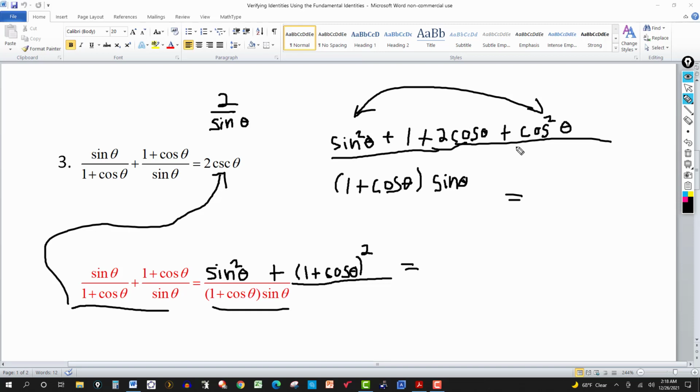And then I have this one right here, so that's going to give me a 2 plus 2 cosine theta over 1 plus cosine theta times sine theta.